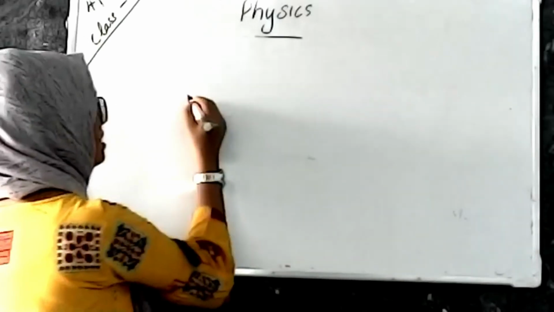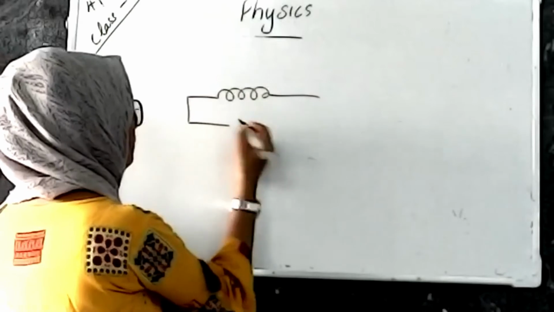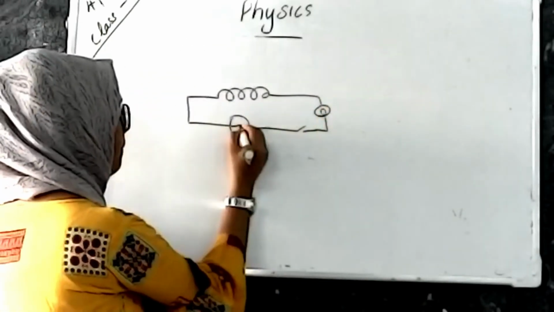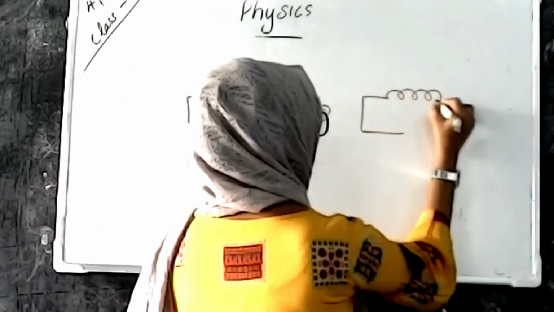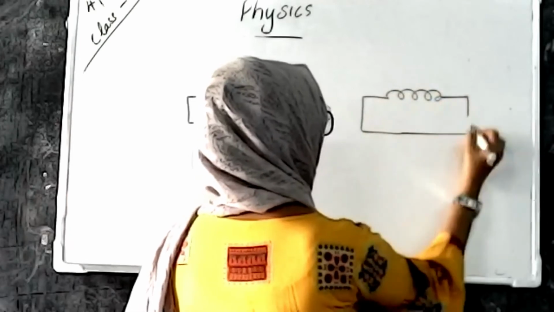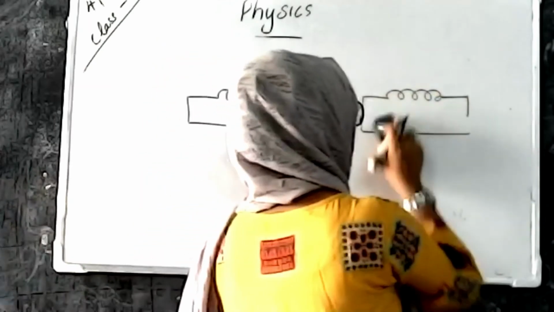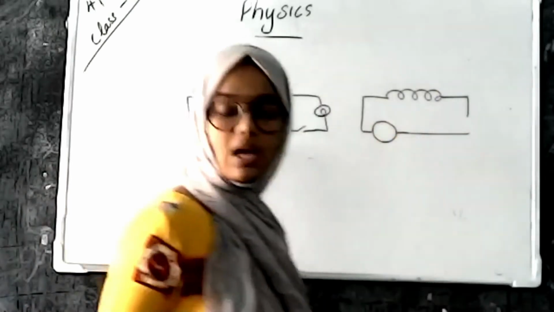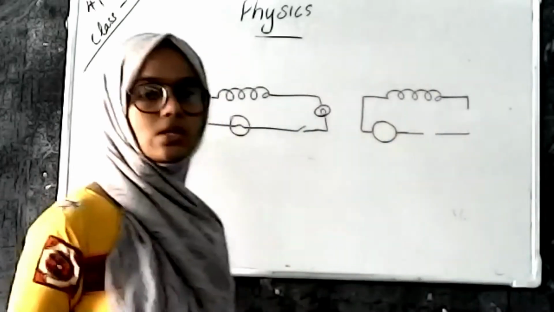So now we have a small experiment showing a solenoid and a conductor, and in one circuit having a DC source and the other having an AC source, a bulb and a switch.